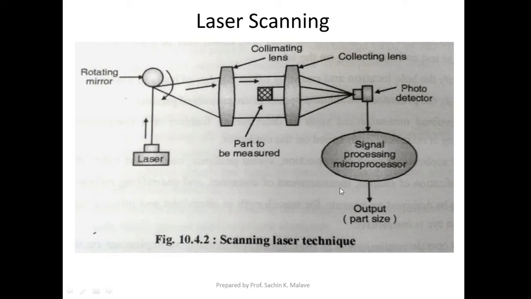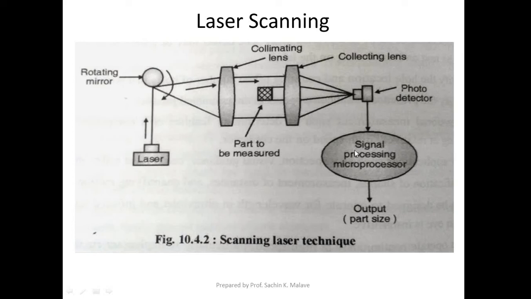The microprocessor unit records the time intervals and converts them into linear dimensions. So this post processing, that is, recording the time and converting and relating it to the size of the object, that work is done by this signal processing microprocessor, okay.